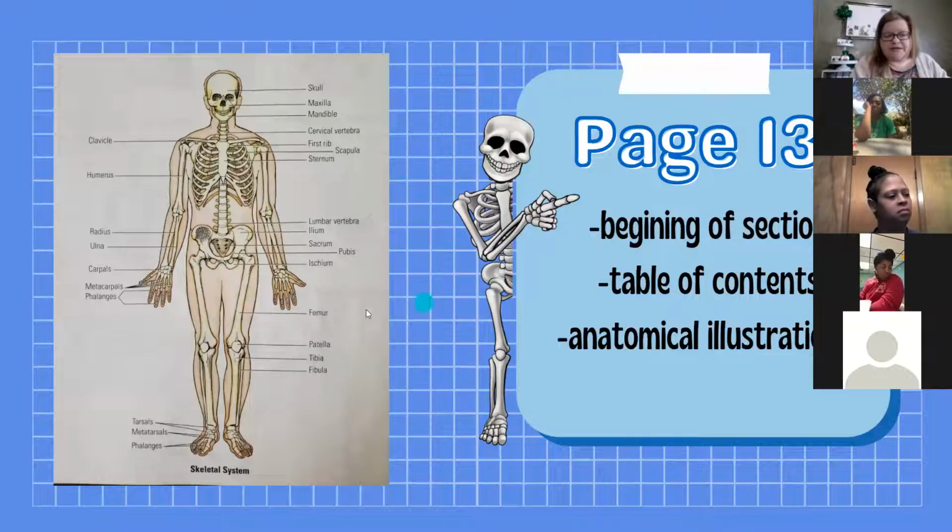All right. These anatomical illustrations are really, really helpful in trying to figure out what section of the body you might need to be looking at, and what codes might need to be added that have to do with those certain sections of whatever part of the body you're looking at. So you want to look at those illustrations, especially if you see words in the content that you have no idea what they are.